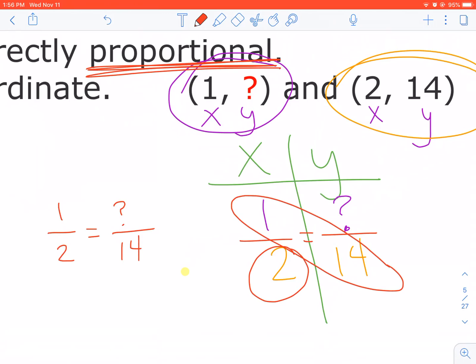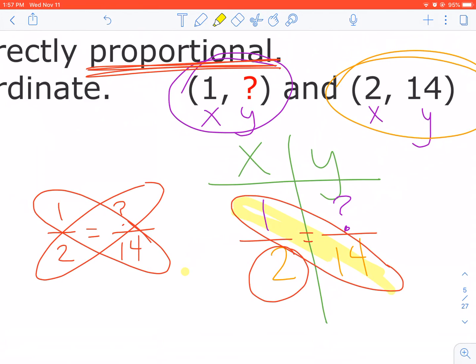Some of you might have been introduced to proportions as bat and ball, because this is a terrible looking bat and ball. But there it is. Also, to make sure that they're equal, some teachers like to say butterfly, right? What number goes in that question mark spot to make it equal on both of our diagonals. So I'm going to go back over to bat and ball.